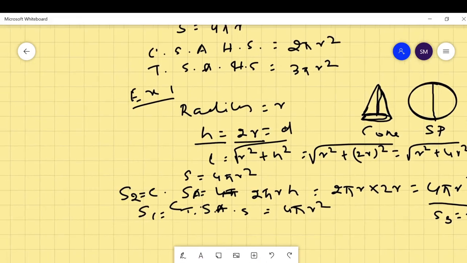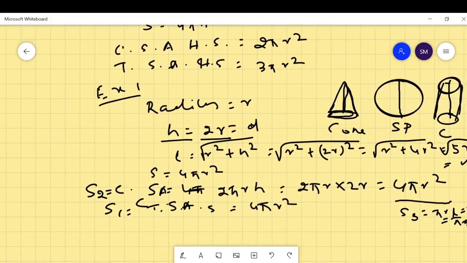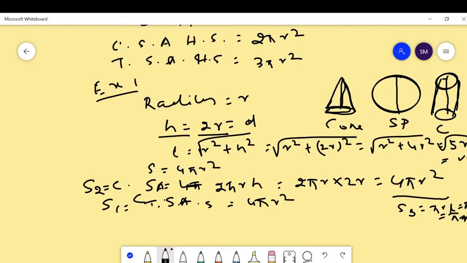Keep it here. This question asks us to find the ratio of the total surface area of the sphere, cylinder and cone. The total surface area of the sphere is 4 pi r square.